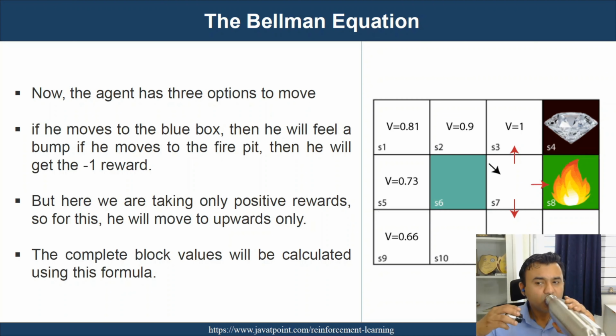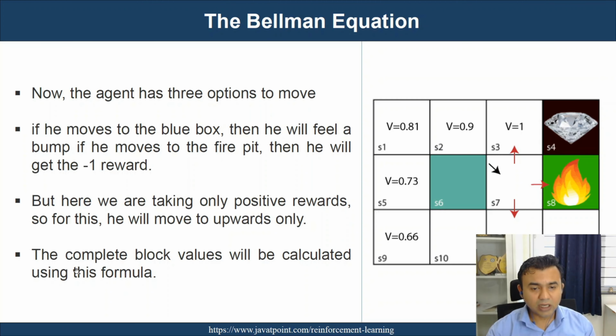Now, what do I do here? If I move towards that wall, I feel a bump, and if I move towards the fire, I get a negative reward. But what we are taking here is only the positive rewards, right? So if you look at this, we have just taken the positive reward, so he will move in the upward direction only.